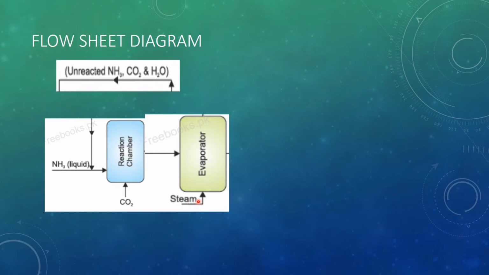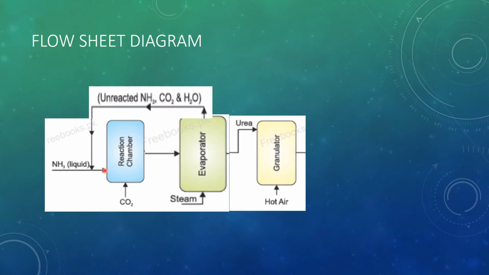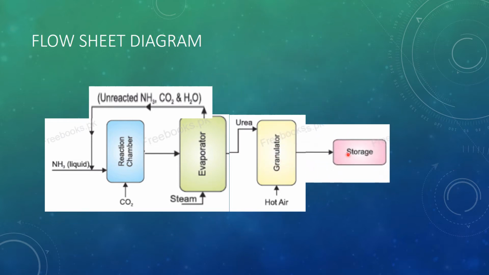After the evaporation, if any unreacted ammonia or carbon dioxide is present, it is recycled again here. In the next step, after the evaporation, the urea is changed into granules, and then it is further evaporated and marketed.